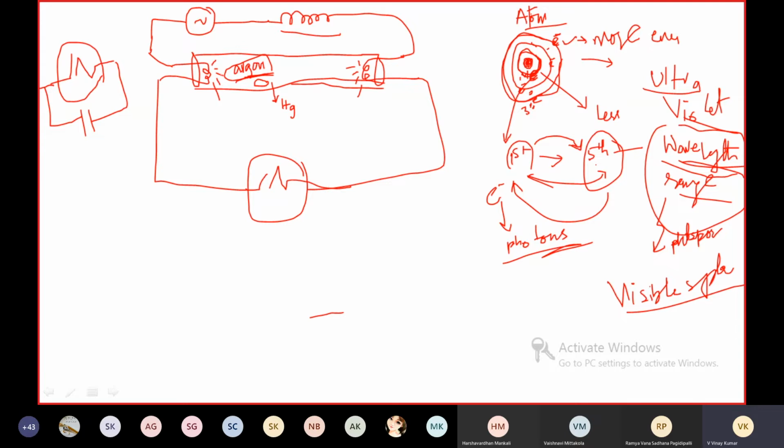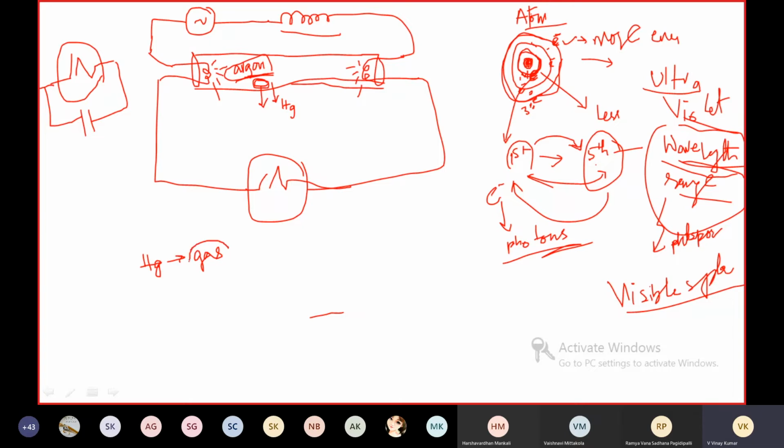Now coming to the role of the mercury. Because of heat energy, the mercury, which is in liquid form, changes into gas.